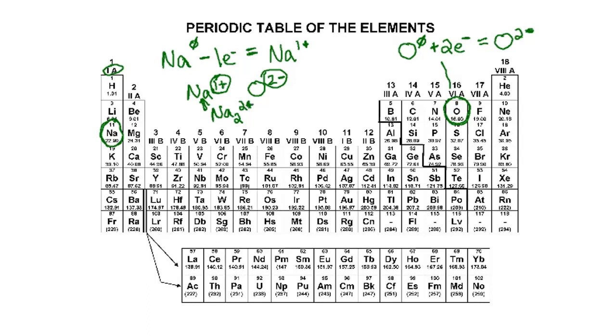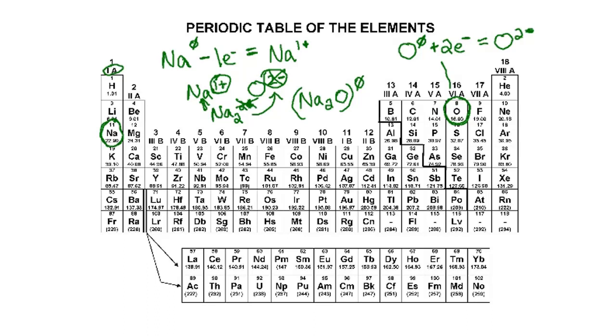And so Na2 is going to have a positive 2 charge. That is going to blend well with the oxygen's negative 2 charge. So you're going to end up with Na2O, sodium oxide, and that whole thing is going to have a 0 charge because the positive 2 and the negative 2 cancel each other out.